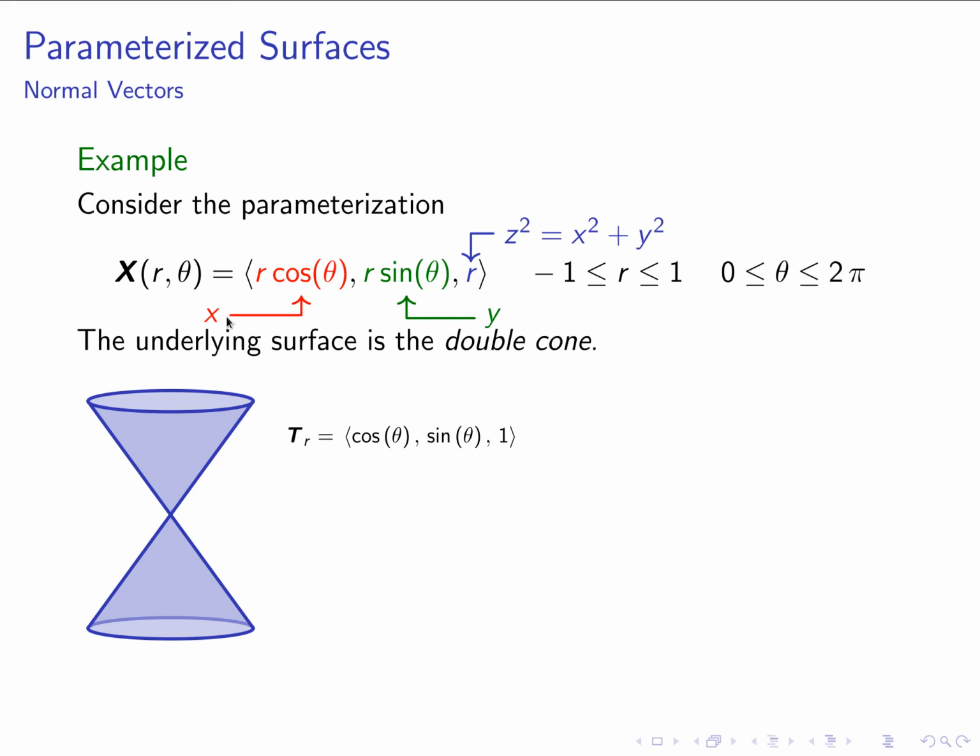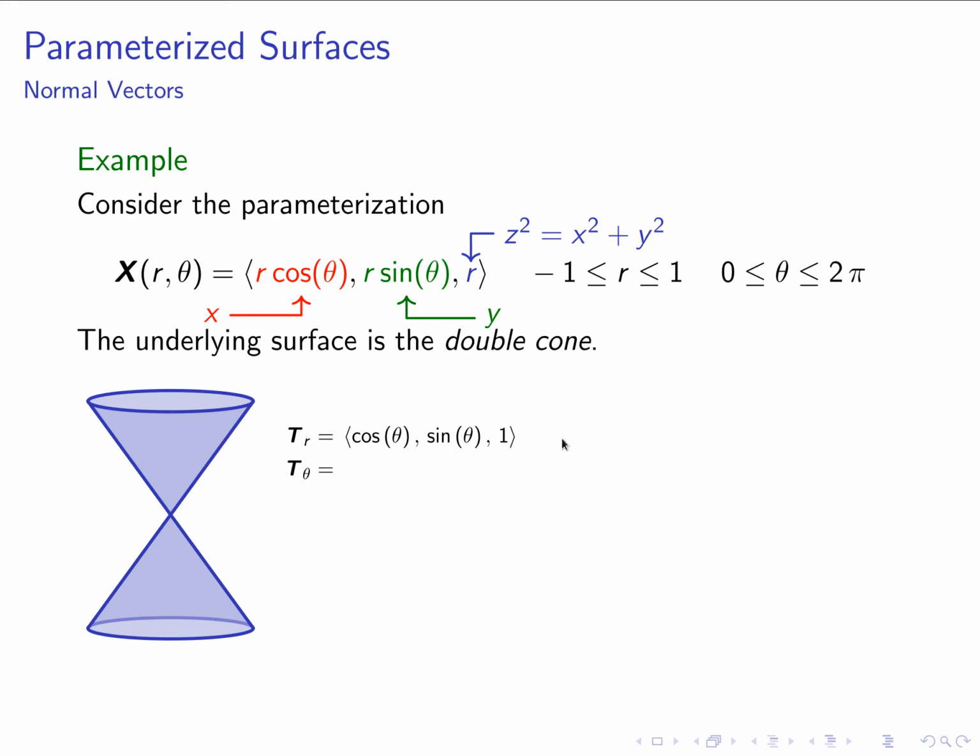So here, if x is r cosine theta, the derivative of x with respect to r is just cosine theta. If y is r times sine theta, then the derivative of y with respect to r is just sine theta. And if z is equal to r, the derivative of z with respect to r is equal to 1. So our first tangent vector is cosine theta, sine theta, 1.